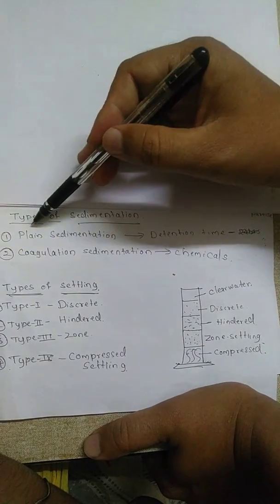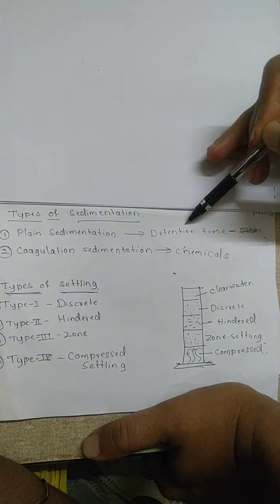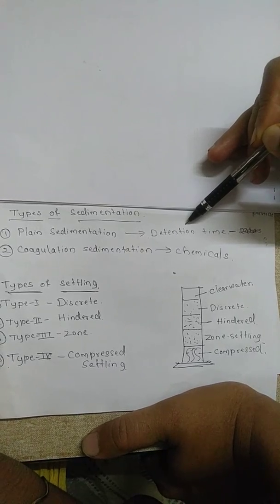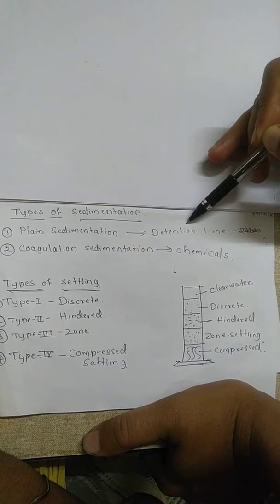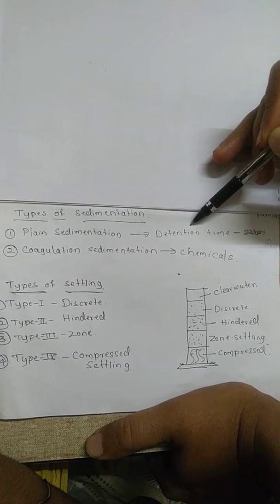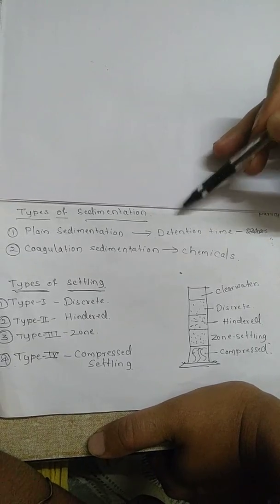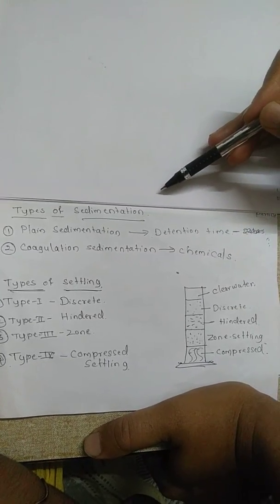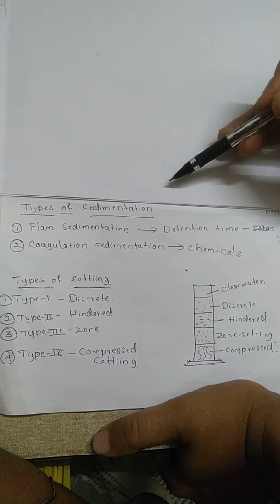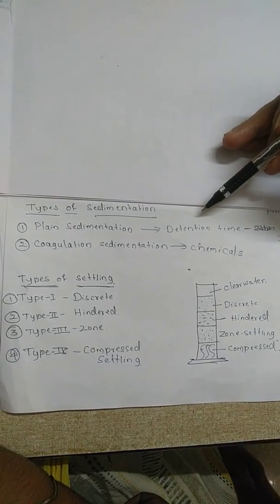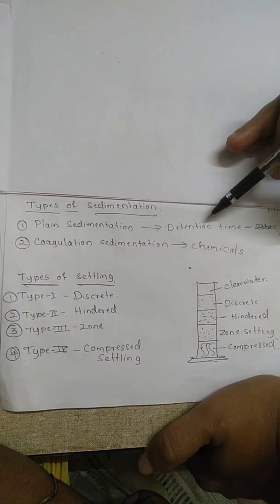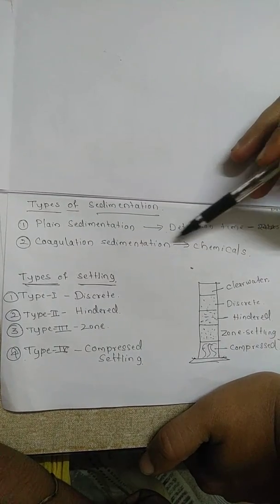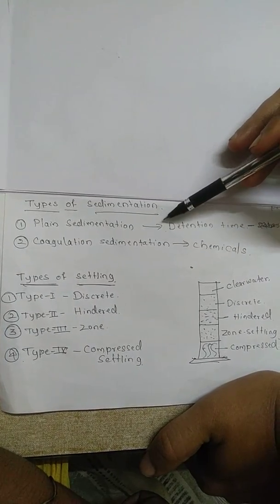Remember, plain sedimentation is nothing but sedimentation with a given detention time. After giving the detention time, the particles settle down by their own weight, and at the top we get the supernatant liquor, clear water. Without adding the coagulants, that is called plain sedimentation.